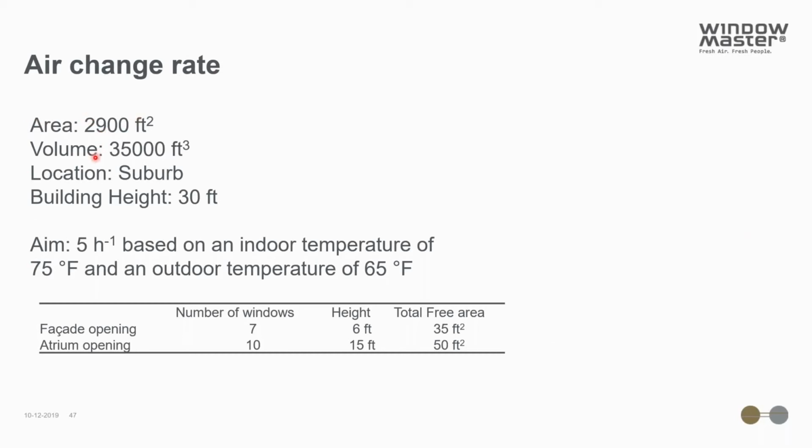We have an area of almost 3,000 square feet, and it's located in the suburbs, with 7 windows in the facade opening and 10 windows in the atrium, corresponding to a total free area of 35 square feet in the facade and 50 square feet in the atrium, which in relation to the neutral plane corresponds to, I think, the atrium opening being 1.4 times larger than the facade openings.